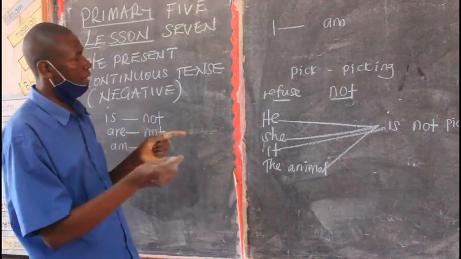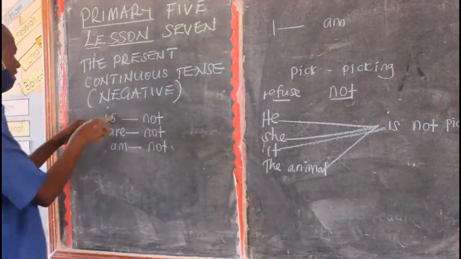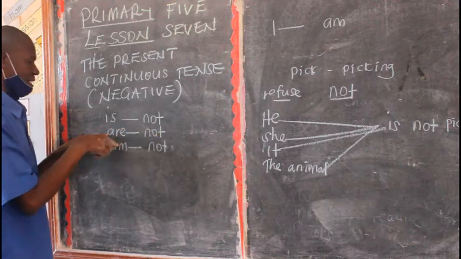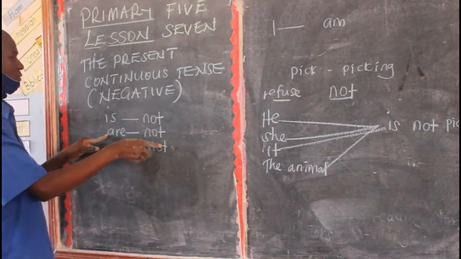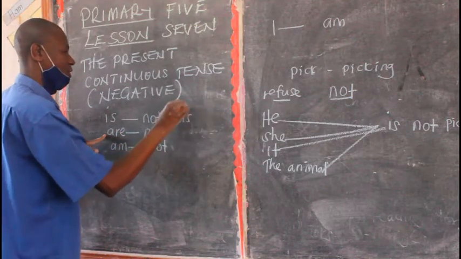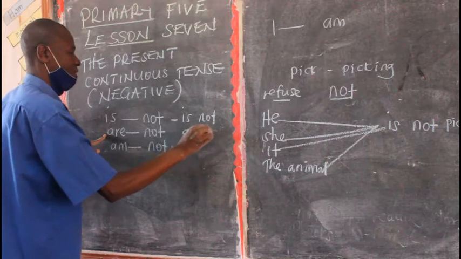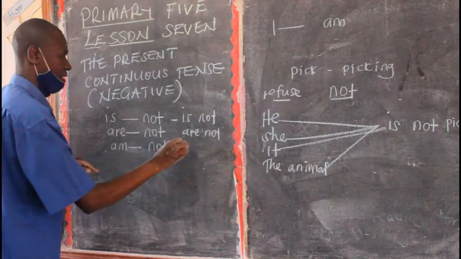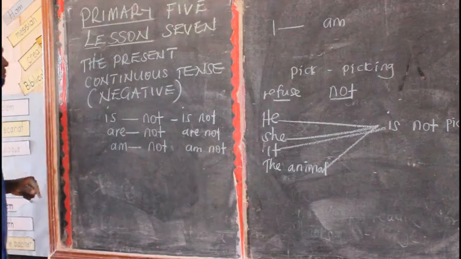So just remember that these helping verbs is, are, and am simply add the word what? Not. So you can say is not, are not, and then am not.